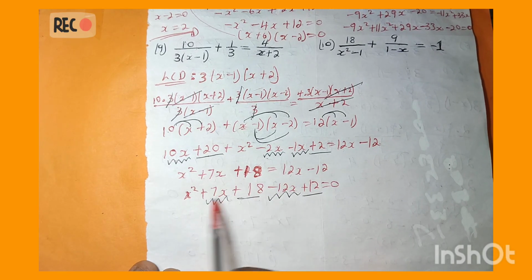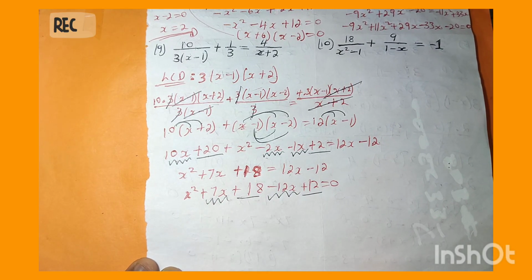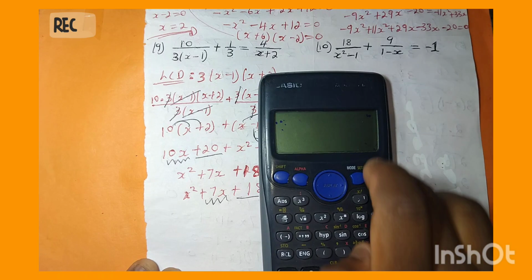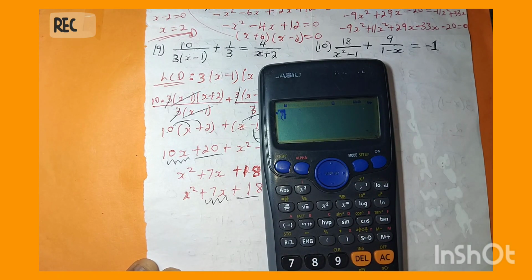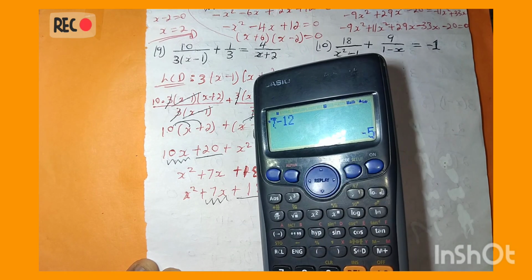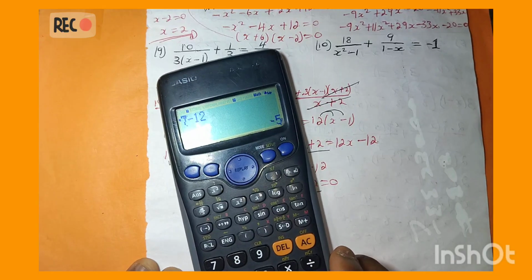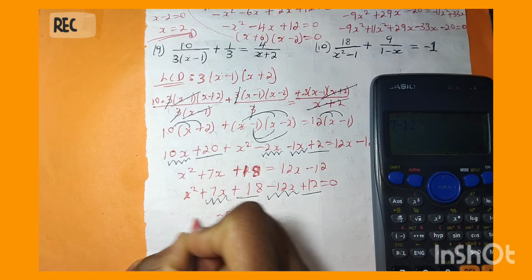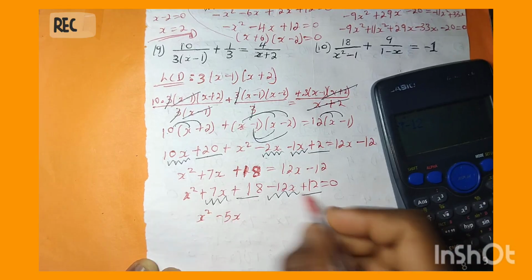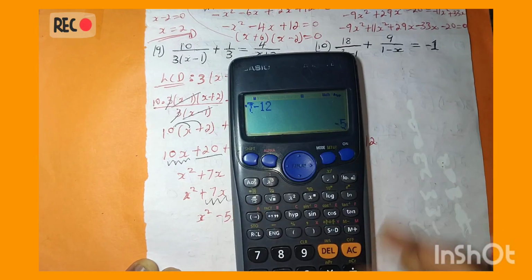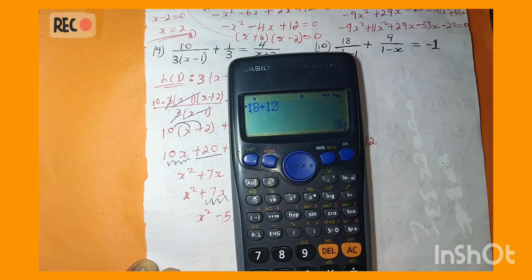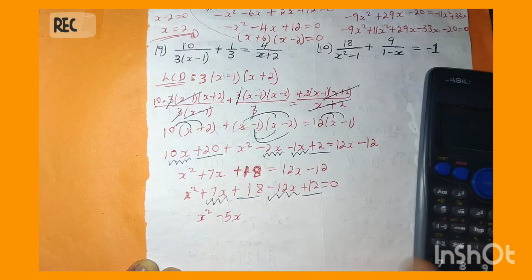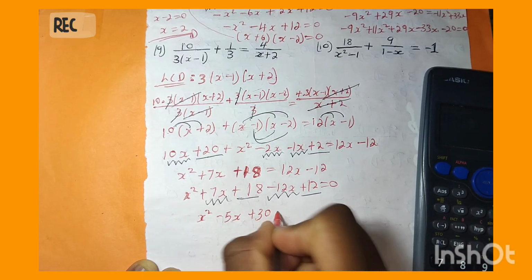Meaning when you press this thing on a calculator, I think that you're supposed to get negative 5. 7 minus 12. Which is minus 5x, which is x2. And now what about this and that one, which is the 18 plus 12, which is 30. Meaning this thing is plus 30.